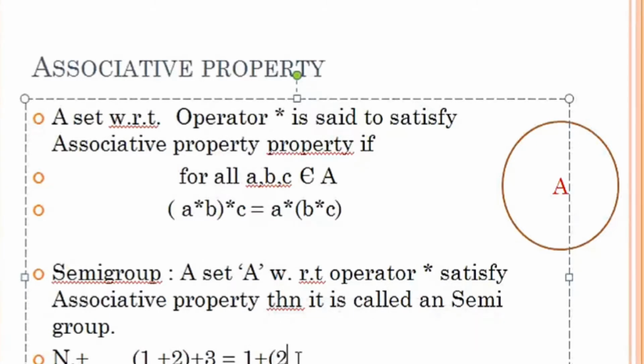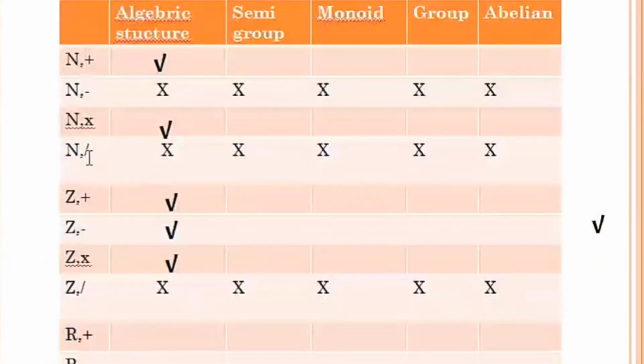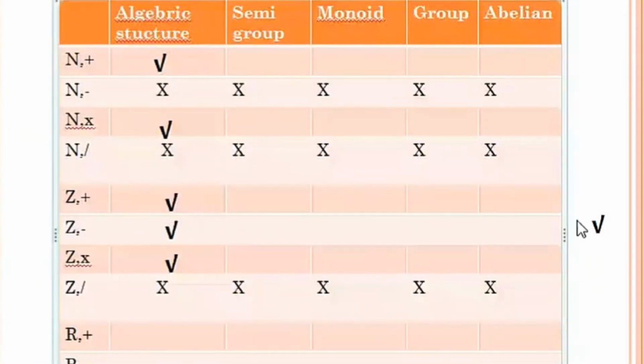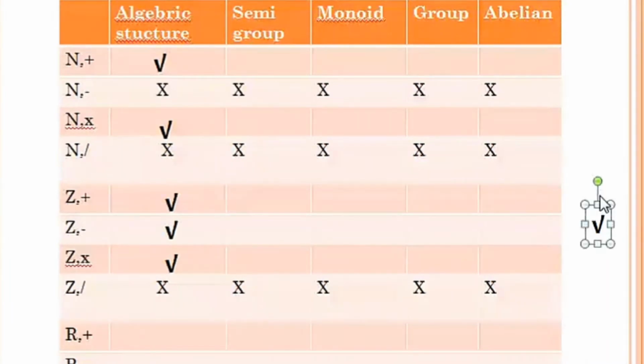We know that the addition operation itself satisfies the associative property. So natural numbers satisfy the associative property. That means they are semi-groups, because they satisfy the associative property.